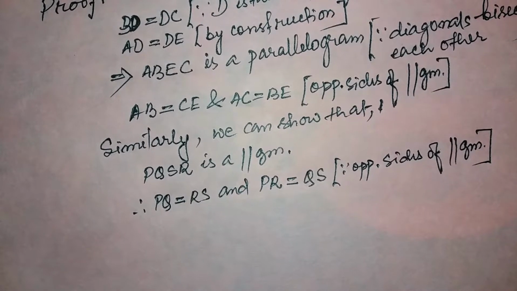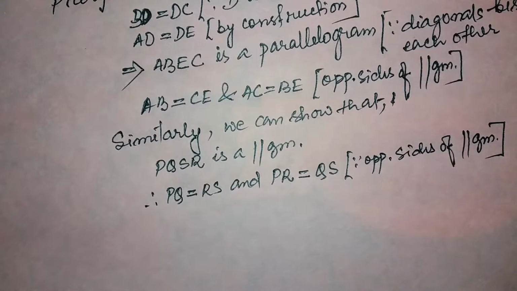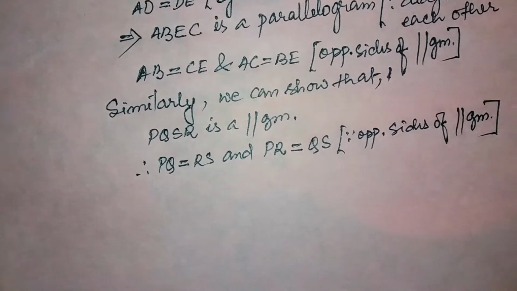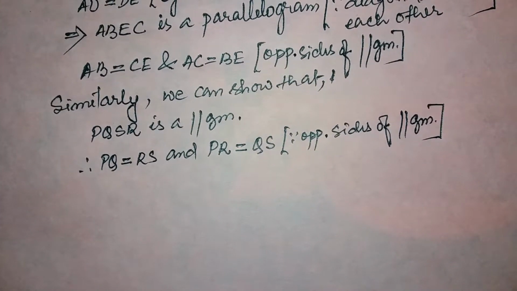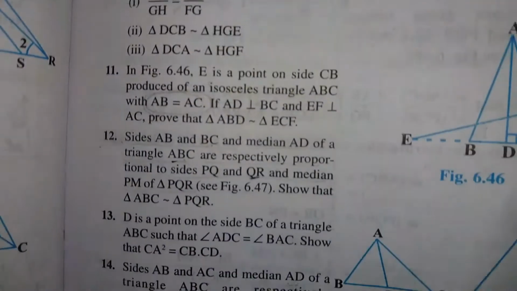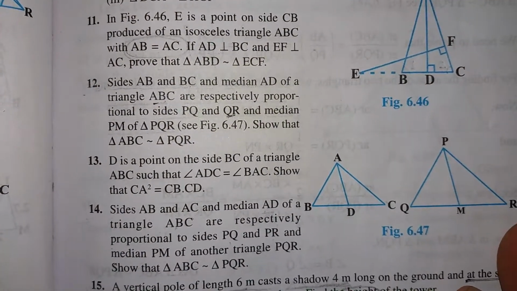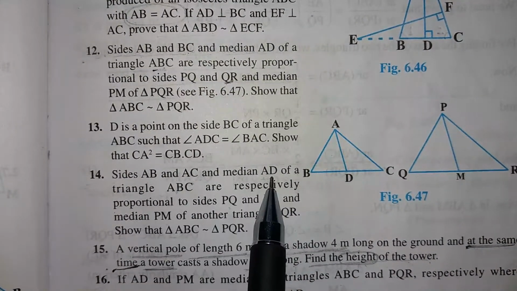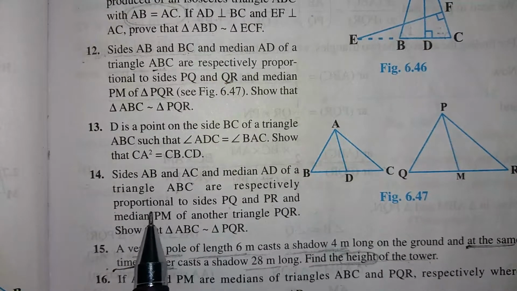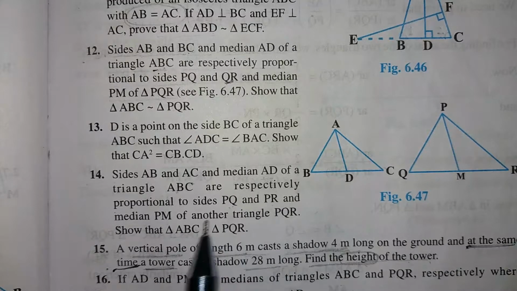Now what we'll do is we will use what is given in the question. In the question it is given that sides AB, AC and median AD are proportional to sides PQ, PR and PM.